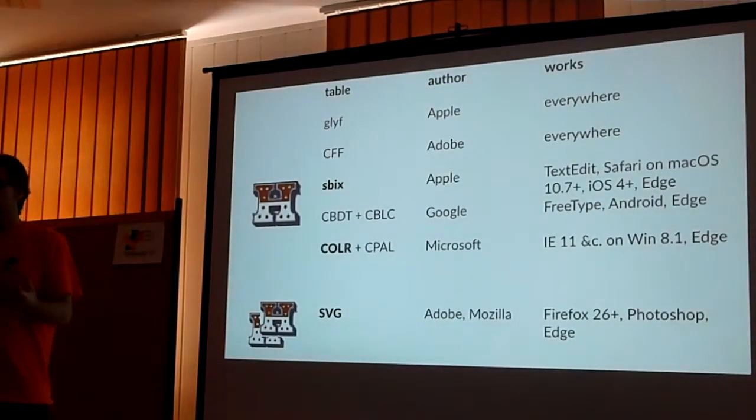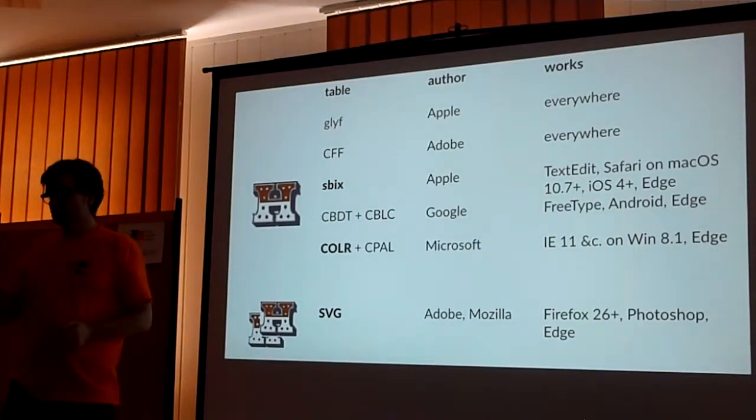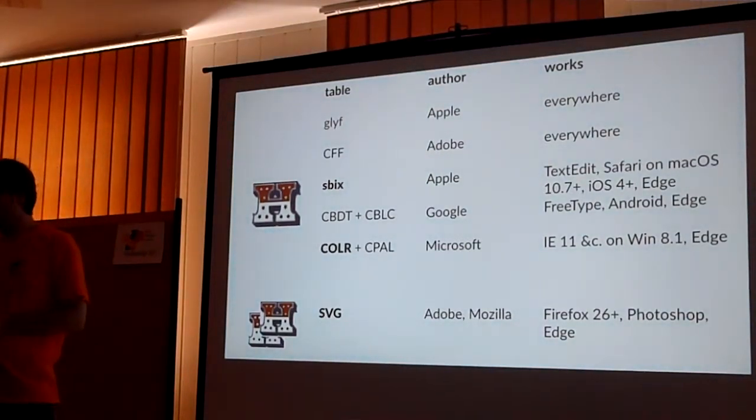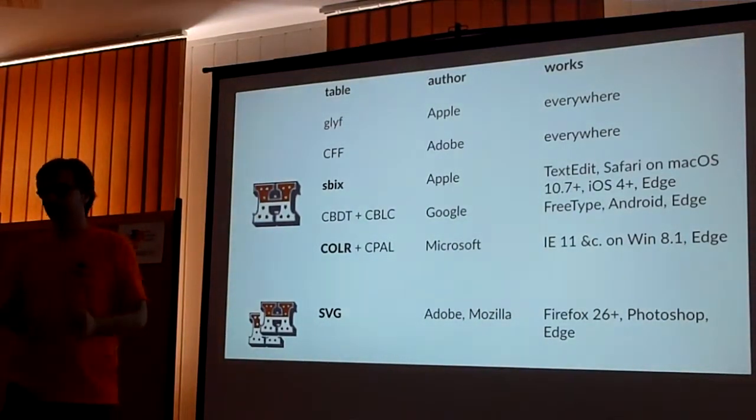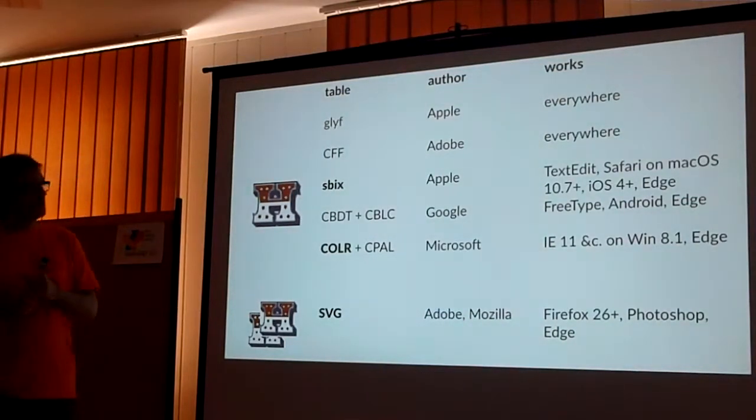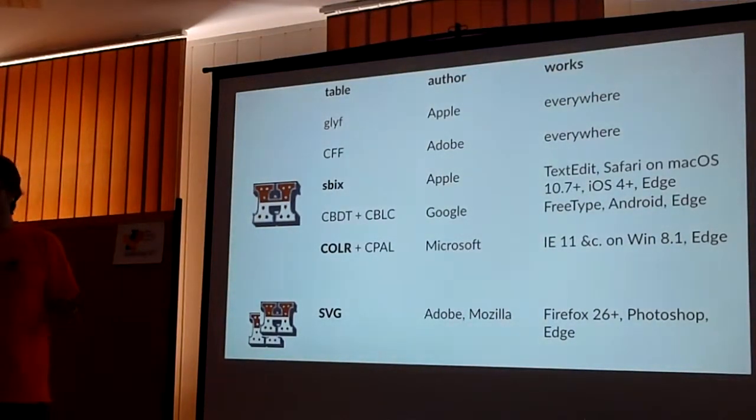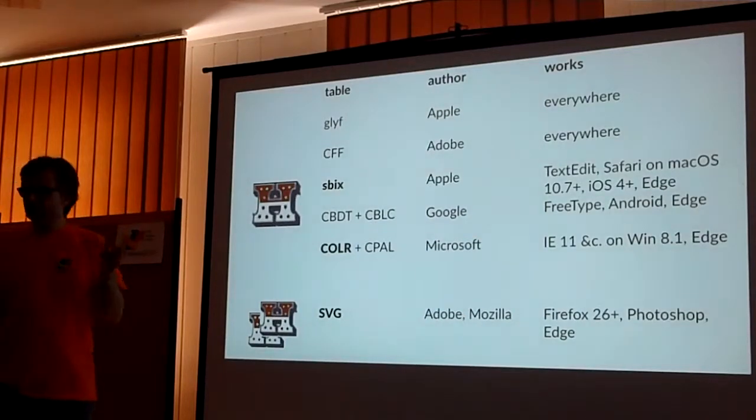CFF was a standalone font format in a way, which could live by itself. It had all the information that was needed as a font. And that was placed into the structure of the TrueType tables. So some data was duplicated, but it worked.